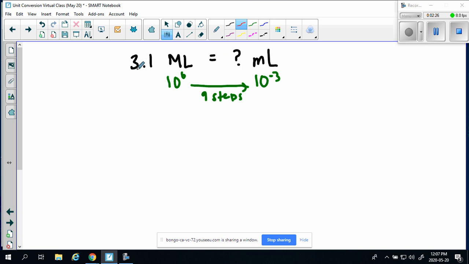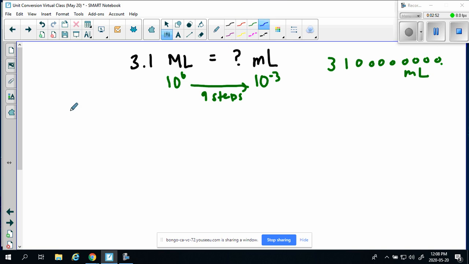So what you could do is you could move that decimal place 9 steps to the right. And what you would get is 3.1 and then 8 zeros, and this would be your 9th step. So 1, 2, 3, 4, 5, 6, 7, 8, 9. So this is the correct answer if you understand that there's 9 steps between mega and milli. It's not my preferred method of doing it though.